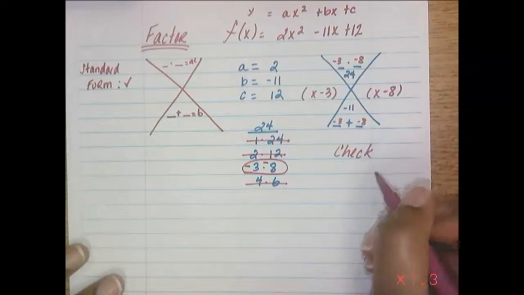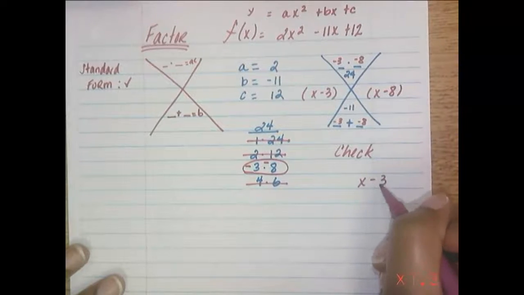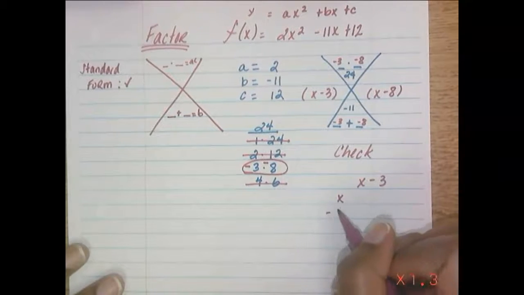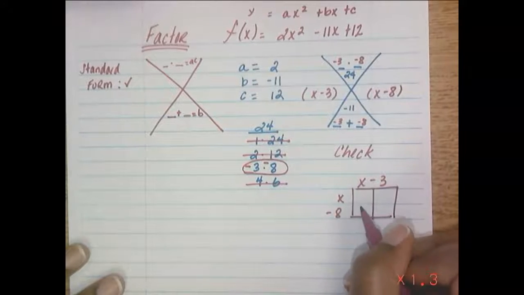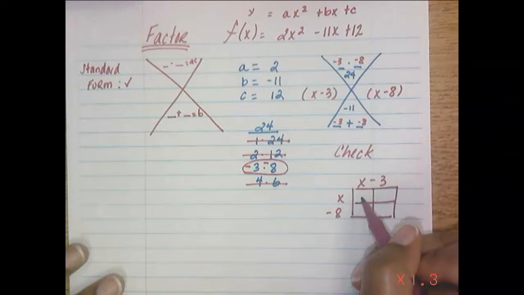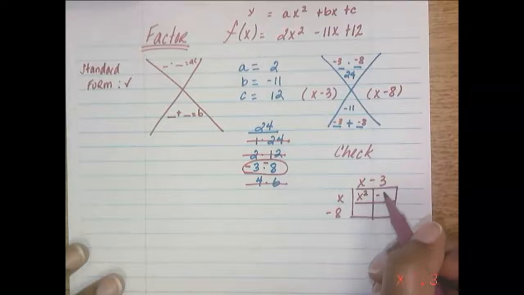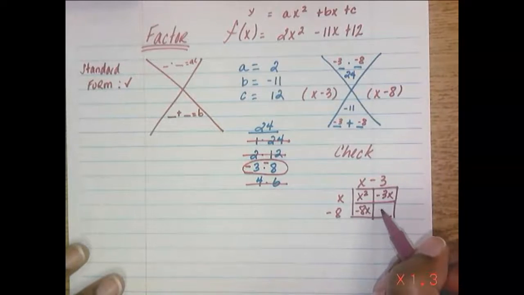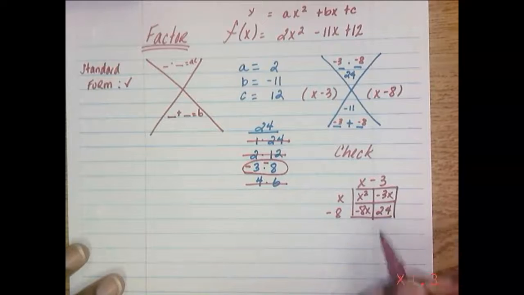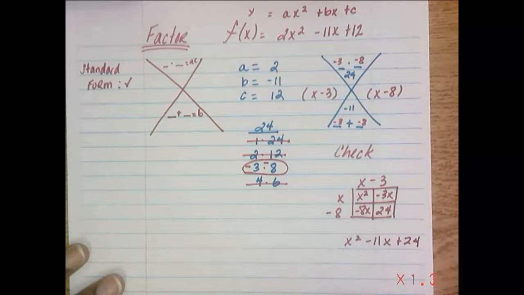So if you were going to check x minus 3 times x minus 8, you would multiply. Here we would get x squared, negative 3x, negative 8x, and a positive 24. So we would have x squared minus 11x plus 24.